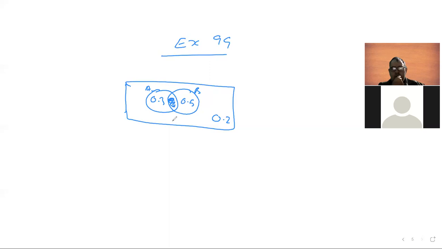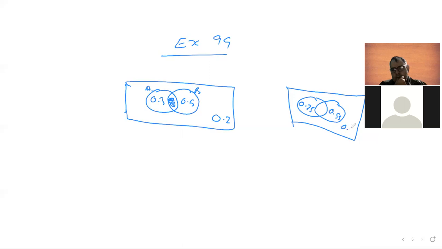Then what about 7? Let's do question number 7 also. Just let me know the values. This value is 0.25, this is 0.55, and this is 0.1.